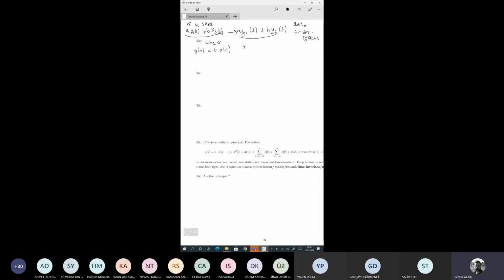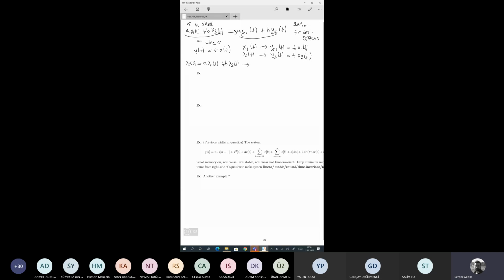So first, if x1 of t is at the input, let's define y1 of t as t times x1 of t, and if x2 of t is at the input, let's define y2 of t as t times x2 of t. So let me define x3 of t, which is equal to a times x1 plus b times x2 of t.